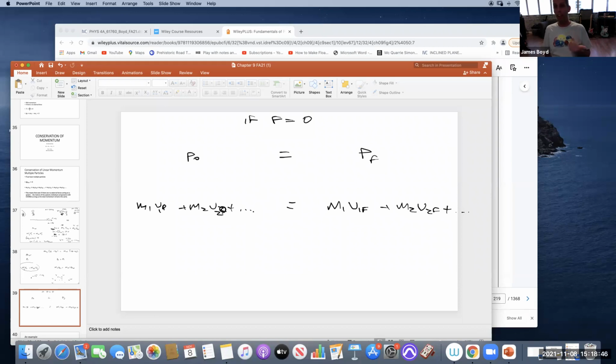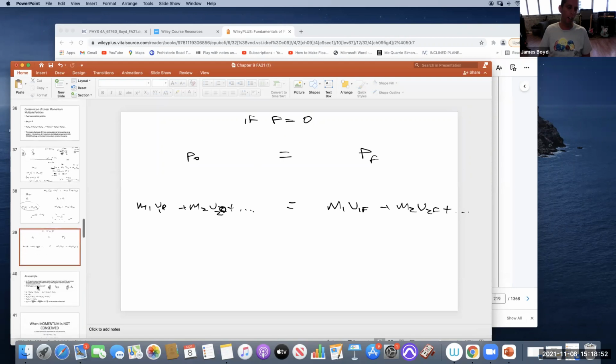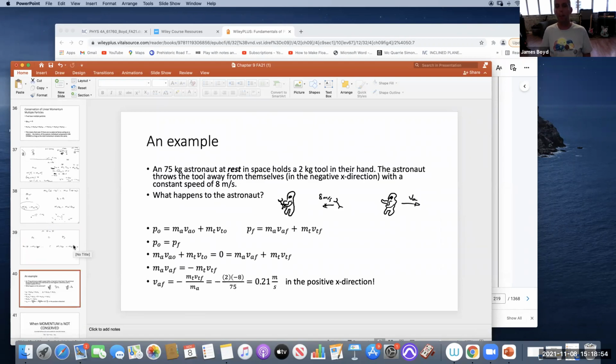It turns out that this is actually the secret of all motion. And there's a reason why, and I'll talk about that in a minute, but if you want, go through this a little bit and make sure that you've got it. A 75 kilogram astronaut at rest holds a 2 kilogram tool in their hand. The astronaut throws the tool away from himself in the negative x direction with a constant speed of 8 meters per second.